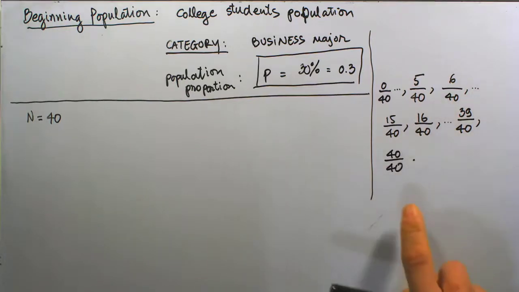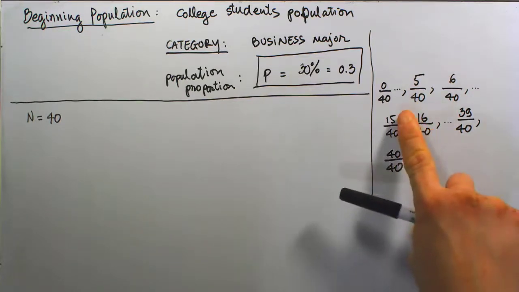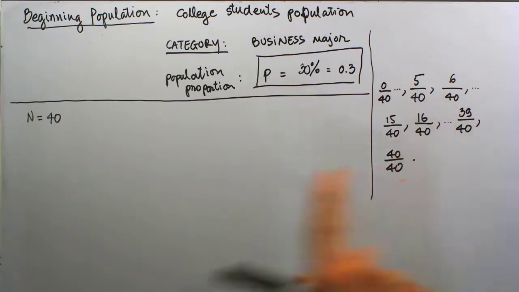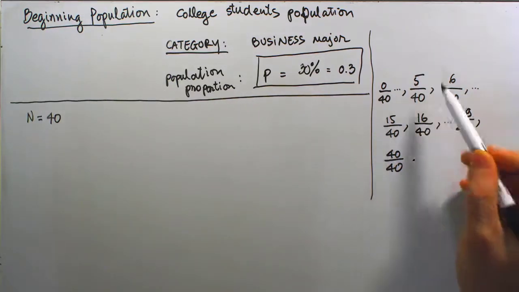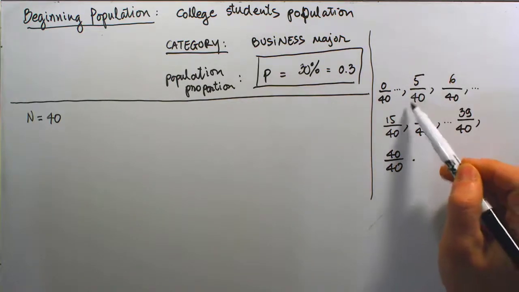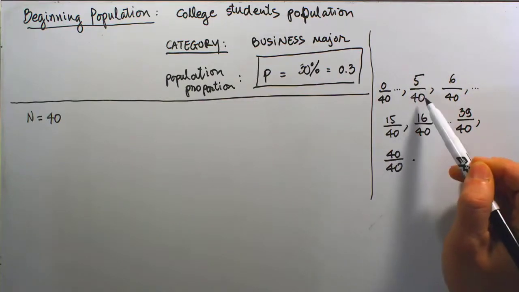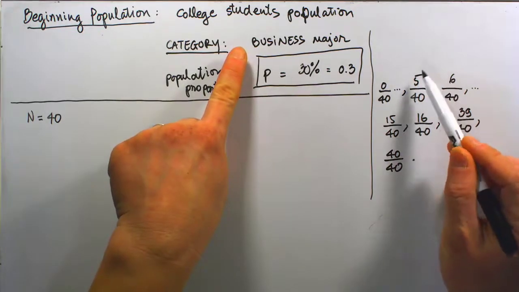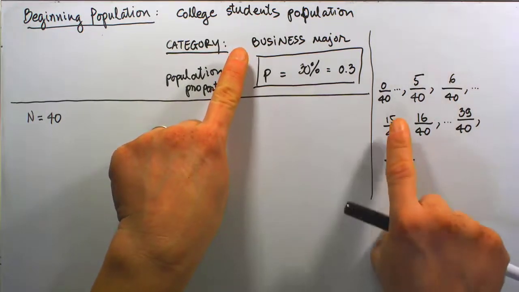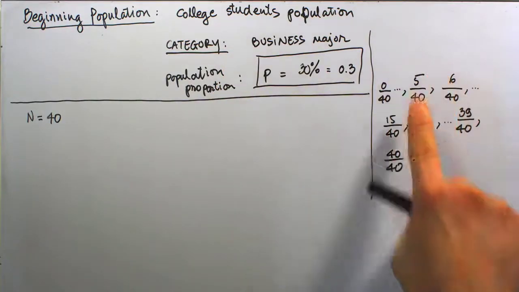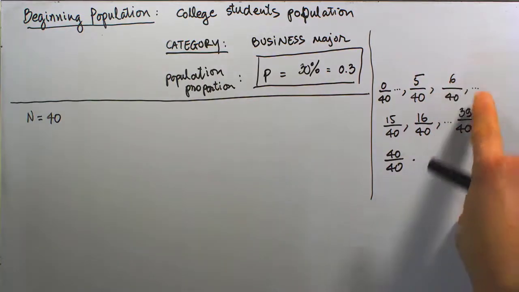These are all the different possible counts that may happen in any sample of 40 college students. Don't get me wrong, each one of these values may also have repeats. We may find 5 college students in our sample being in the business major, but somebody else also may run into the same count. Here I'm purposely just listing all the individual counts, but keep in mind that any one of these counts may be repeated.